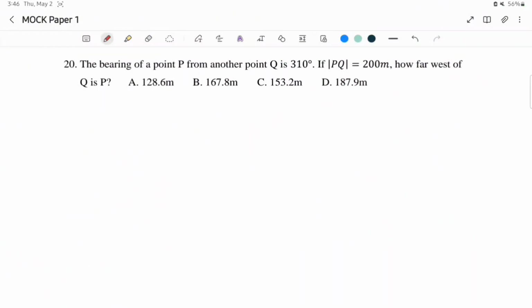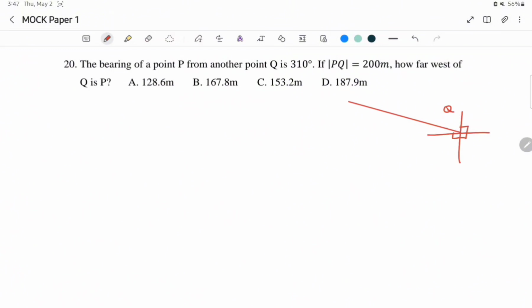In this question on bearing and distances, the bearing of a point P from another point Q is 310 degrees. So draw your cardinal point Q, because the question says P from Q. So 90, 180, 270, that would mean that the 310 degrees will be somewhere around here.